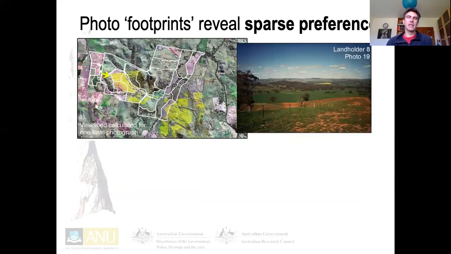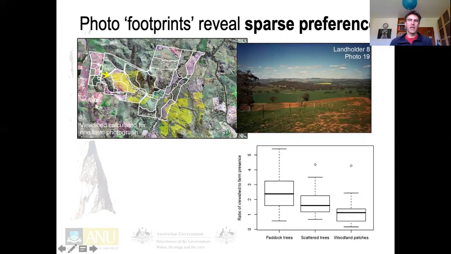Also, if you do a GIS analysis of particular pictures and look at what actually is in each picture, you take the point the picture is taken from, and the yellow bits are what can be seen within that picture. You can do that in a GIS if you consider the elevation of the terrain. And so the yellow bits are what you can see in the landscape. If you then analyze that, it contains a lot of paddock trees.